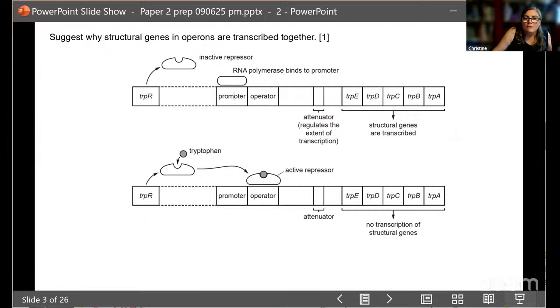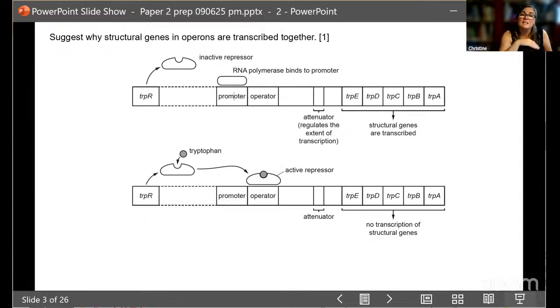How does the environment affect gene expression? Well, for the lac operon, the environment would be the concentration of lactose and concentration of glucose. So what you have is some form of stimuli. The environmental conditions have changed.